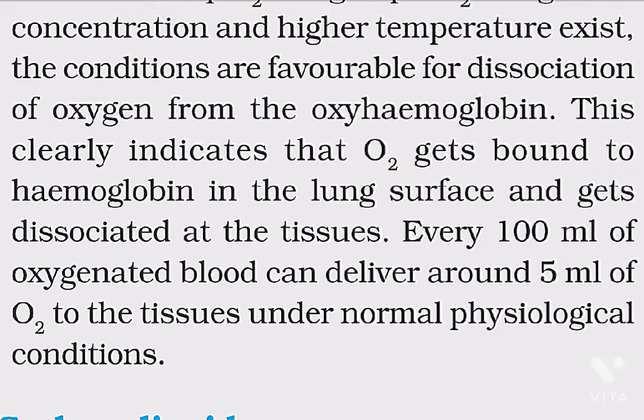This clearly indicates that oxygen gets bound to hemoglobin in the lung surface and gets dissociated at the tissue. Every 100 ml of oxygenated blood can deliver around 5 ml of oxygen to the tissues under normal physiological conditions.